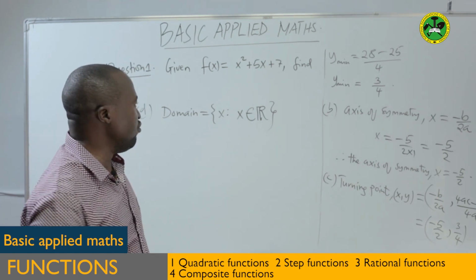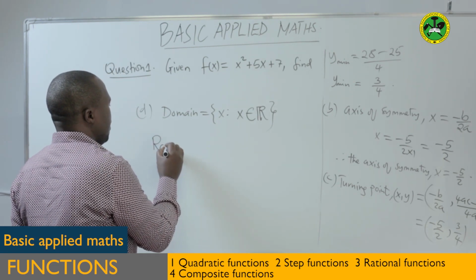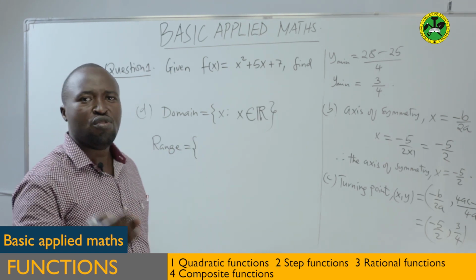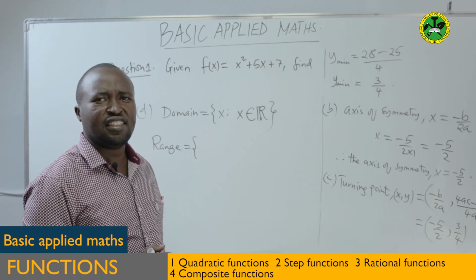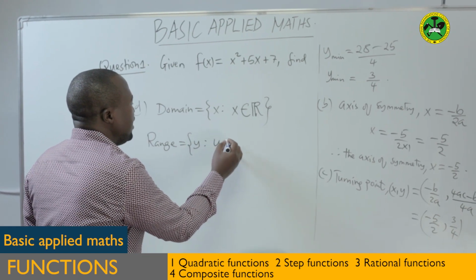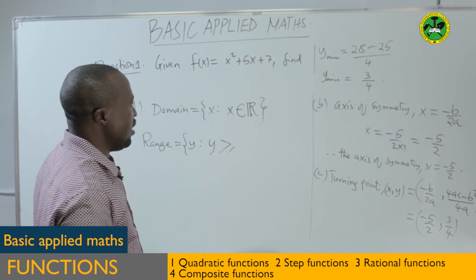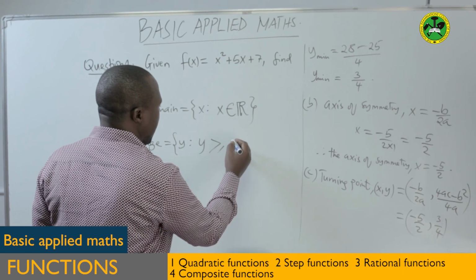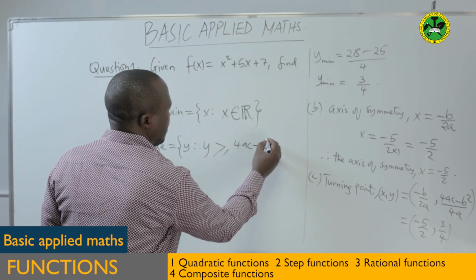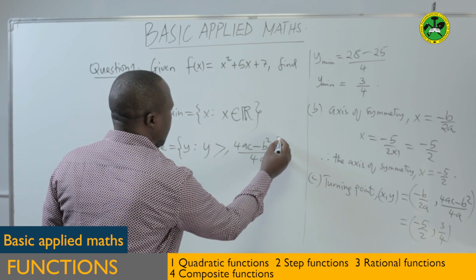But for the case of range, for a quadratic, range refers to y values or second entries. So y values should be greater than or equal to the minimum value. Remember, the minimum value is given by 4AC minus B squared over 4A.